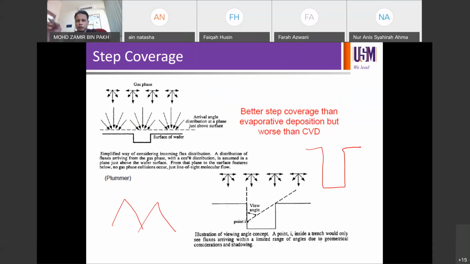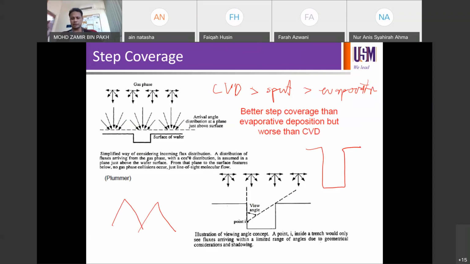So if you want to compare the step coverage of the deposition, CVD is better than sputtering. We will learn that CVD is better than evaporation in terms of step coverage. It means it covers features better, right? CVD is the best, sputtering is in between, evaporation is the worst, right?